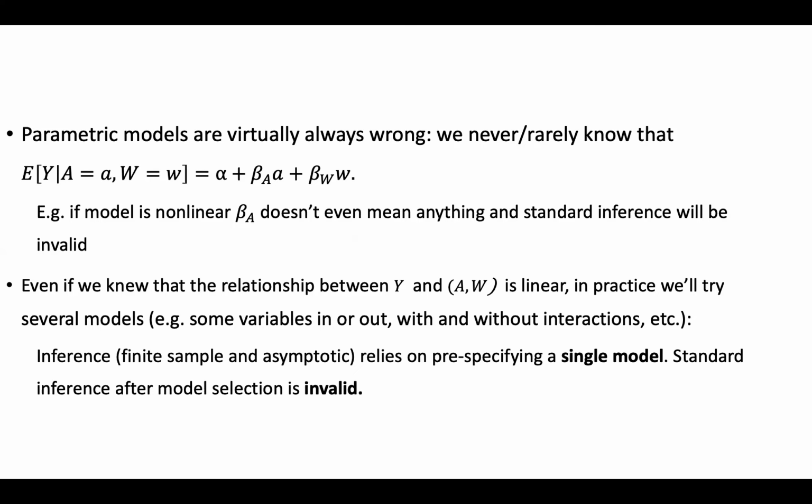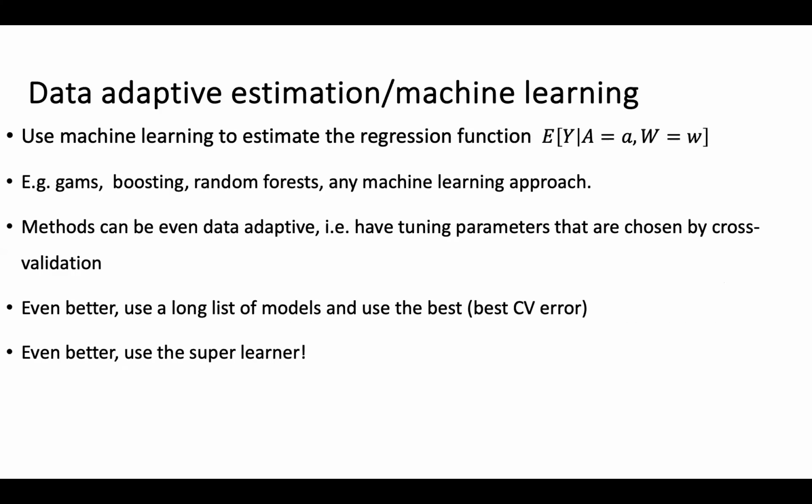And just to reinforce what I said before, even if we knew that the relationship was linear, in practice we'll try different models, with or without interactions, all the linear regressions I showed in the beginning. The fact that we're doing all that model searching will invalidate our inferences. So what's the alternative to all that? What's the alternative that targeted learning proposes?